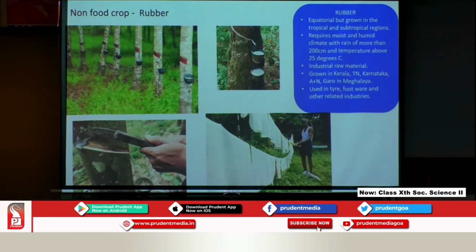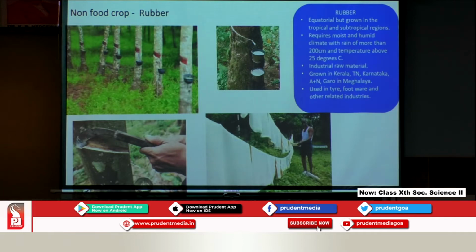Now rubber is a very interesting crop which is generally grown in the equatorial regions but also grows in the subtropical and the tropical regions. So it has also a large area where it can grow. It requires moist and humid climate with rain of more than 200 centimeters. So it requires very heavy rainfall.